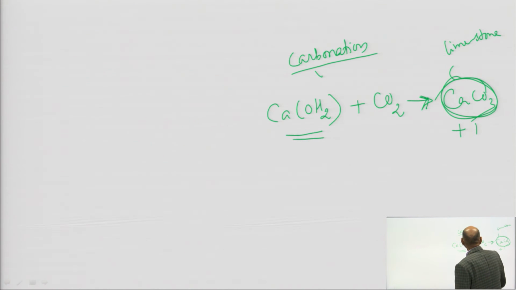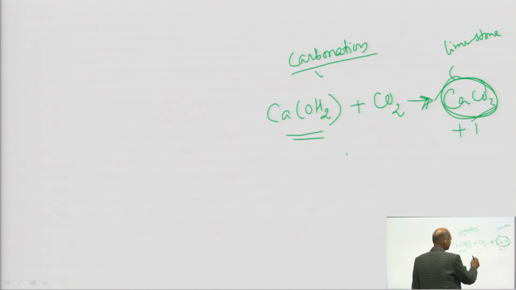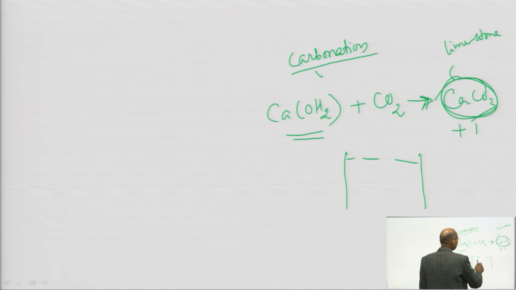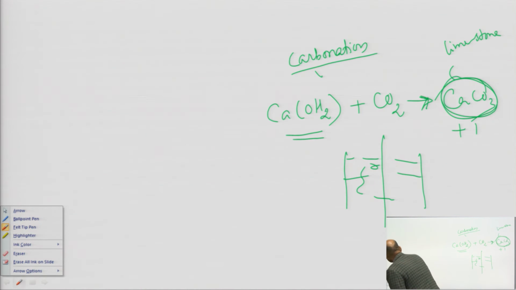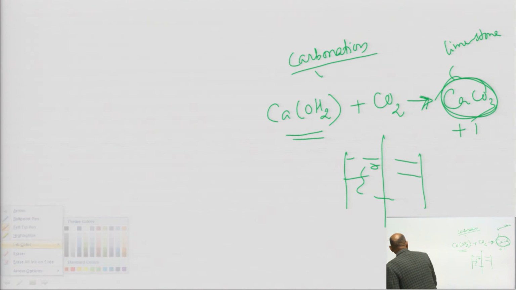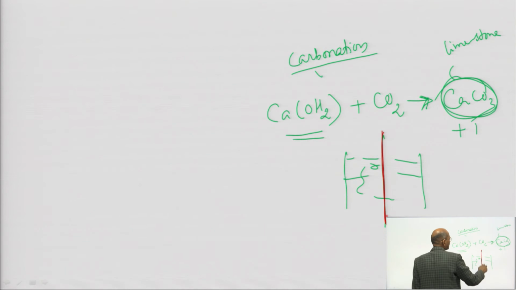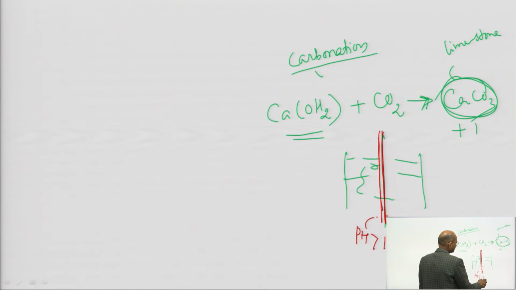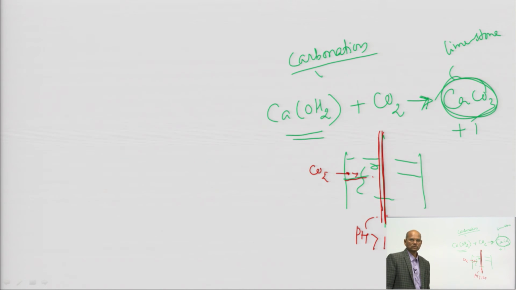Once this carbonation takes place and makes calcium carbonate, then what will happen? Suppose you have this surface, we have concrete here, and say this is the reinforcement we have over here. This reinforcement is protected, it is in passive condition because pH is greater than say 12.5. As this carbon dioxide ingresses from this part, the rate of diffusion is very, very slow, it is not so fast.